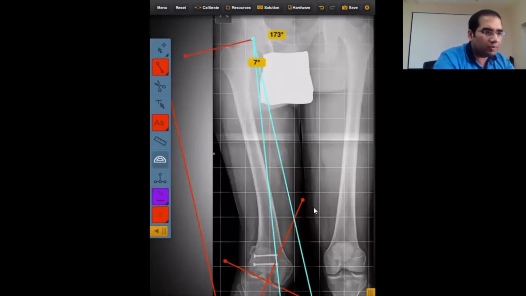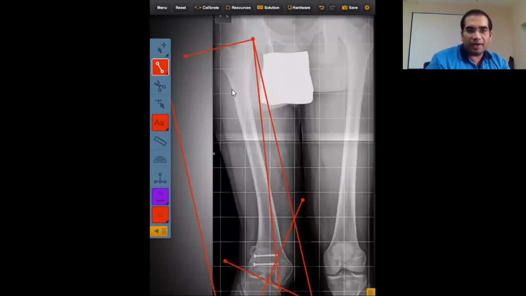So there is a problem in the upper part of the femur as well, which tells us that this patient does not have a uniapical deformity. There is a secondary deformity in this femur as well. There is a deformity in the distal part of the femur and a deformity in the proximal part of the femur as well.